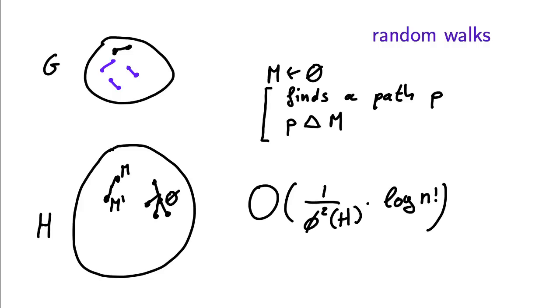Well, the reason is that this algorithm for finding random matchings will be a simple instantiation of a very general approach to sample elements from very complicated distributions. And this method will also apply to distributions that are not uniform, but that are weighted.